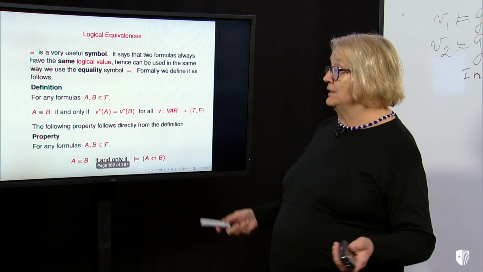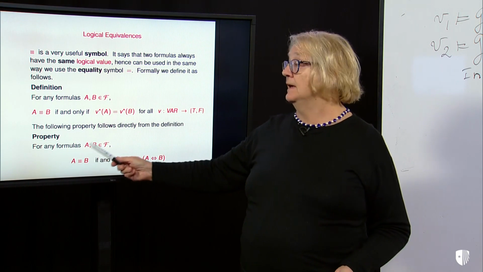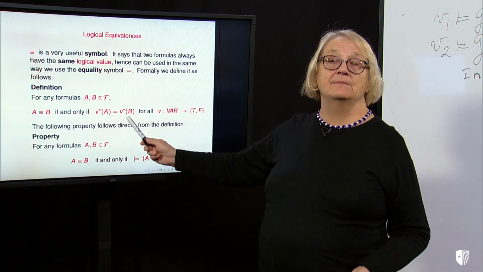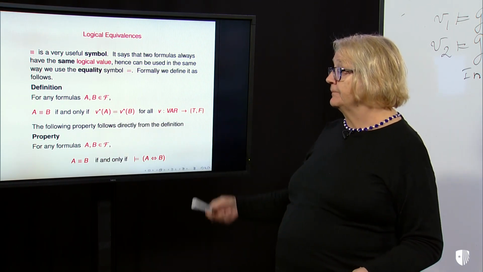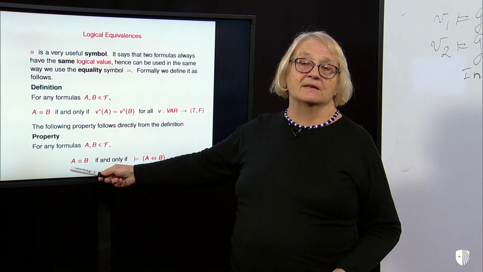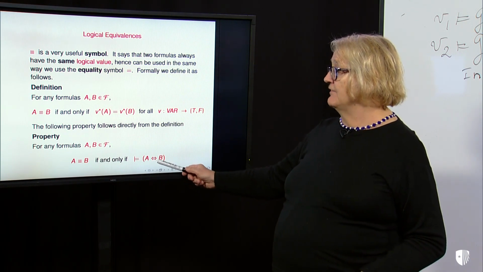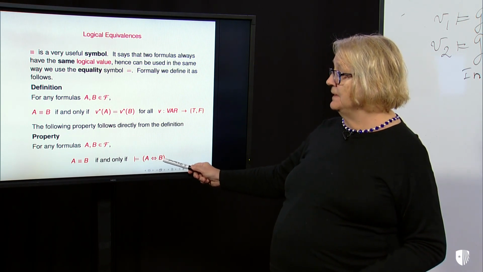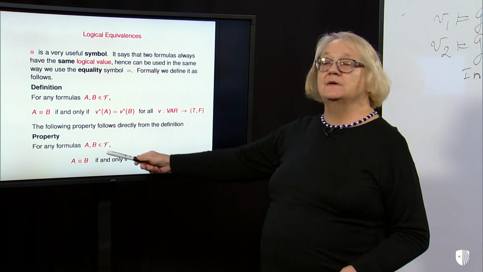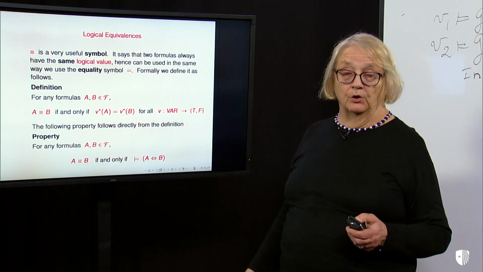We define it so that A is logically equivalent to B if the logical values are the same for all possible valuations V. So of course you immediately have that A is logically equivalent to B if and only if A if and only if B is a tautology. In a sense, that represents this type of tautology.